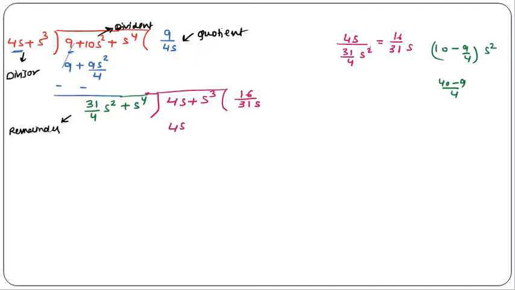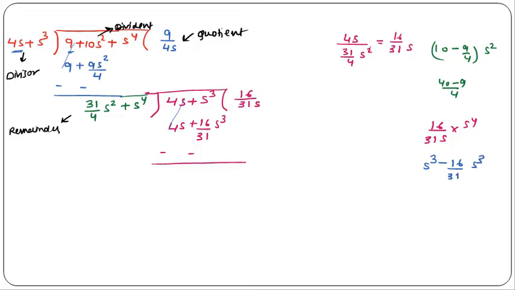Now let us multiply this term. So we are getting 16 by 31 of s into s power 4. So this is plus 16 by 31, and then we are getting s power 3. Now we will subtract. If we subtract, this 4s will get cancelled out, so we are getting s cube minus 16 by 31 into s cube.